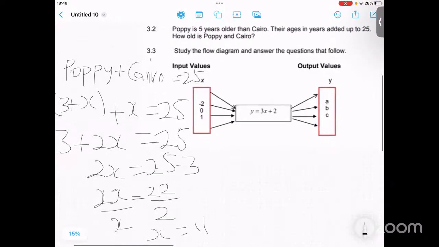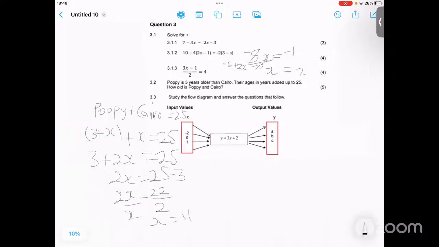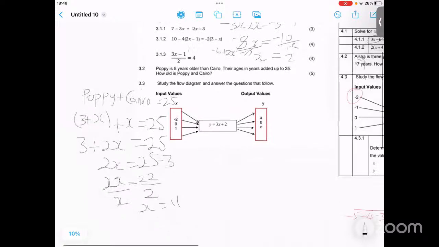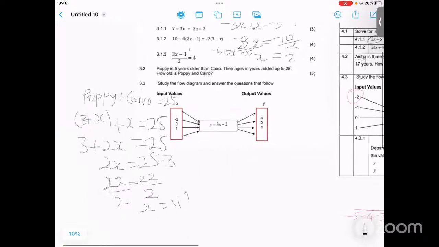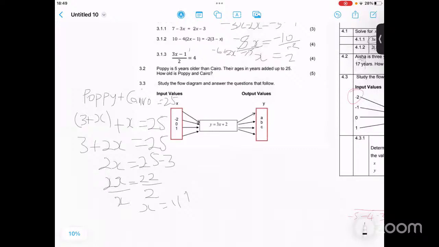Before we check if it's correct, I'm going to go to Zira. Zira, how are we going to calculate this? No, ma'am, I didn't do it the same way.